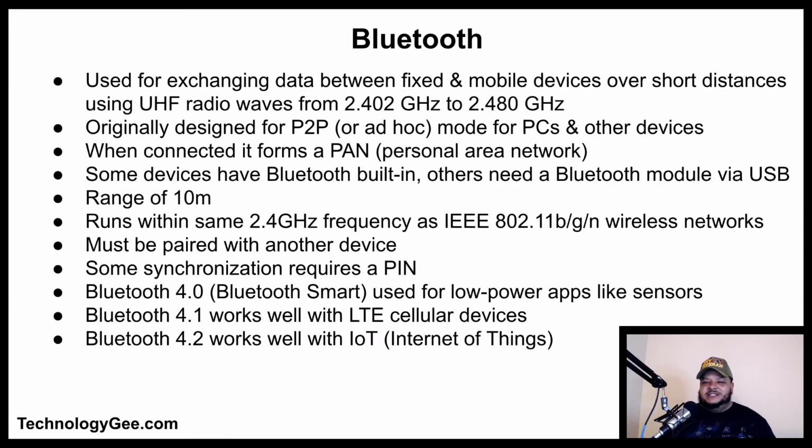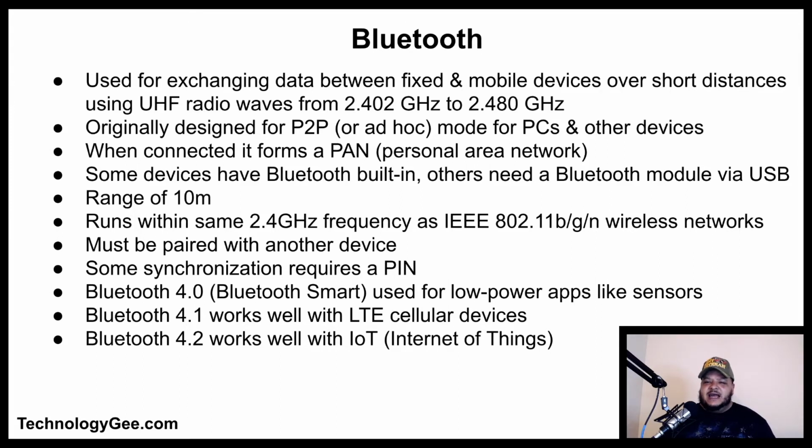Bluetooth. Also mentioned in my previous video, Bluetooth is a wireless technology standard used for exchanging data between fixed and mobile devices over short distances using short wavelength, ultra high frequency radio waves from 2.402 gigahertz to 2.480 gigahertz.